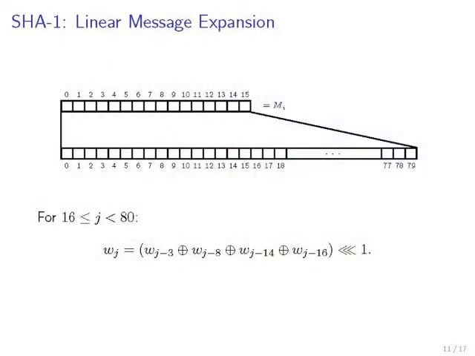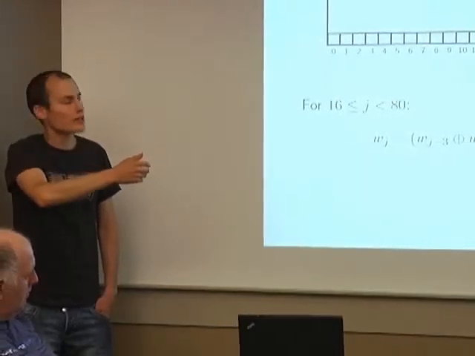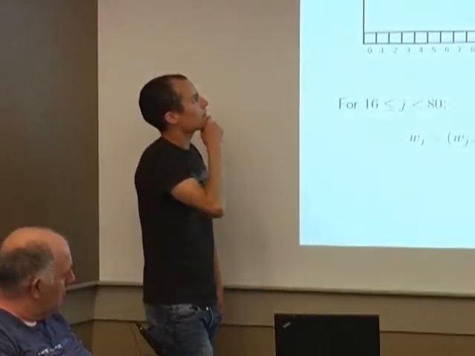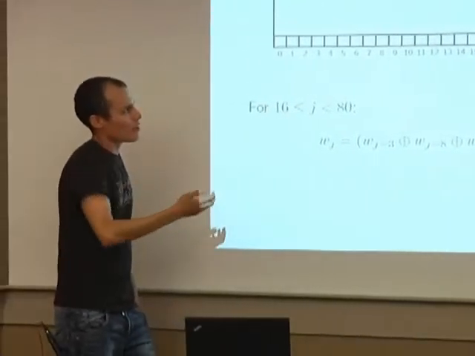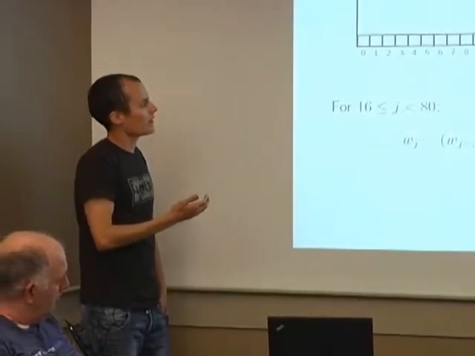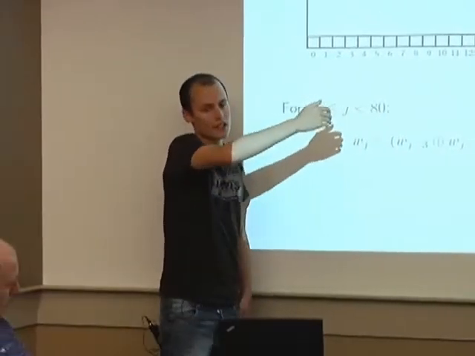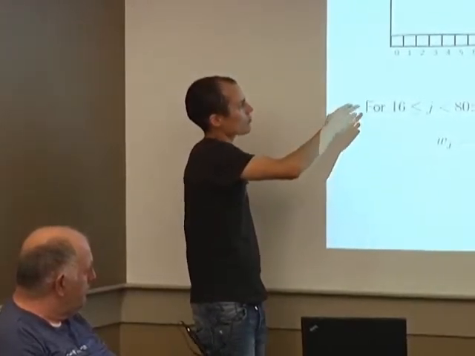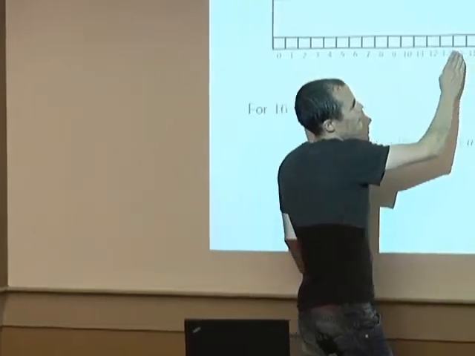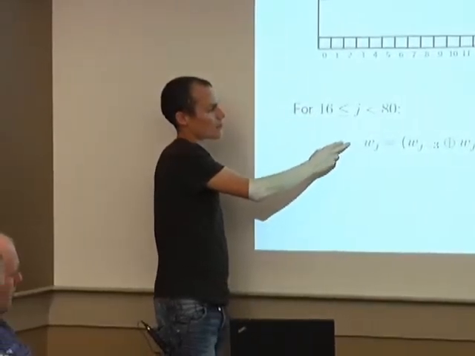So now let's go to the specific message expansion of SHA-1. This is message block M_i, or in our case M1. This immediately defines the first 16 words of the expanded message, W0 to W15. And then the expansion to the remaining words up to word 79 is done via this recursive formula.